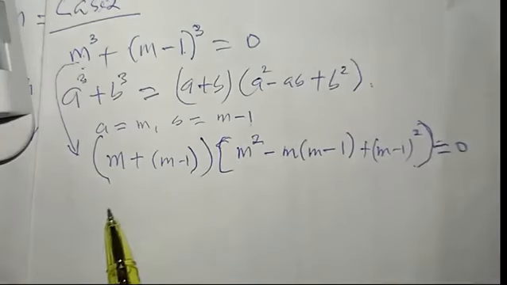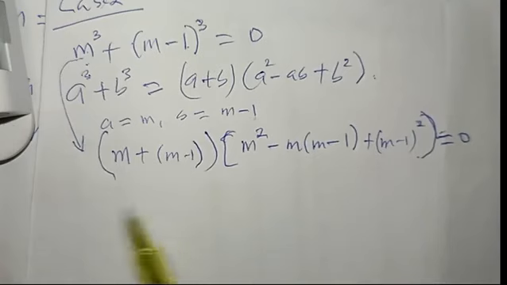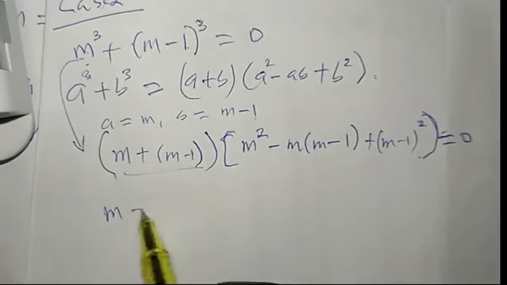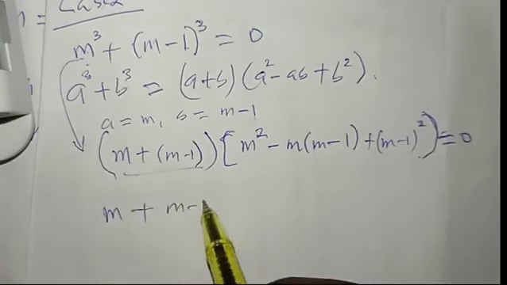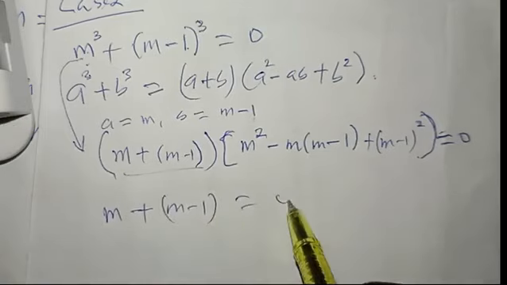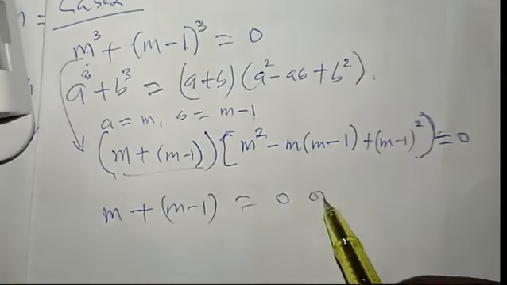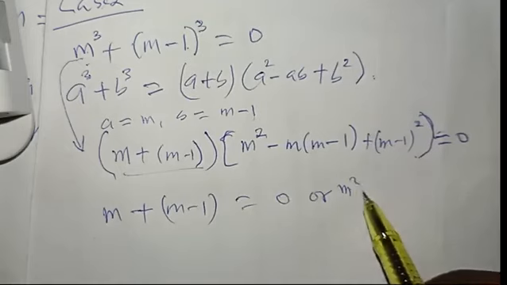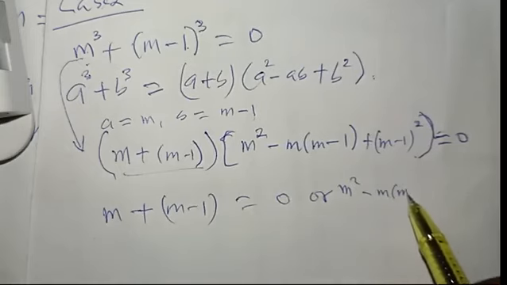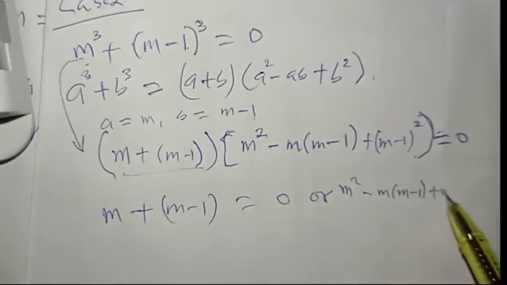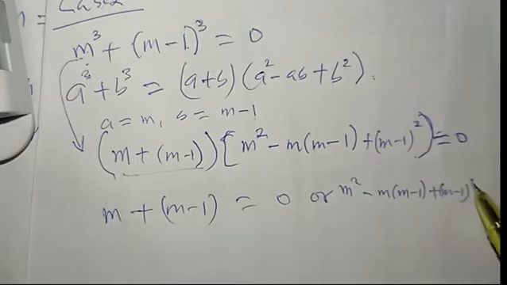Okay, so using the zero product rule, I'm going to pick this one: m plus m minus 1 is equal to 0, or the second one, which is m squared minus m times m minus 1 plus m minus 1 squared is equal to 0.